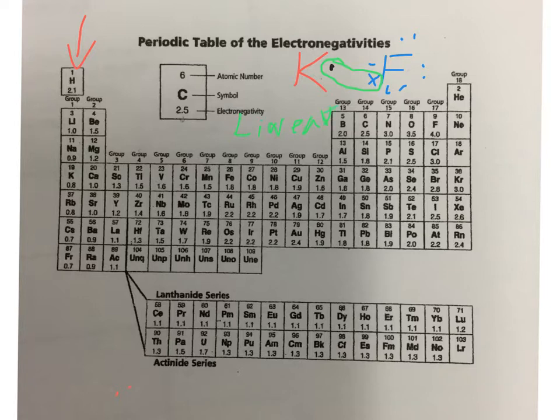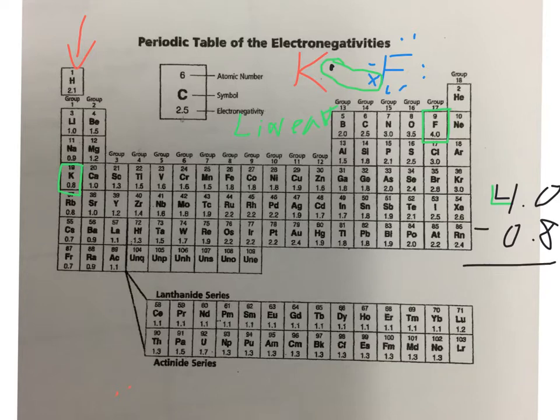And then you're going to look for your electronegativity. So here's my potassium. Here's my fluorine. What's my electronegativity for fluorine? Yep, 4.0. What's my electronegativity for potassium? 0.8.